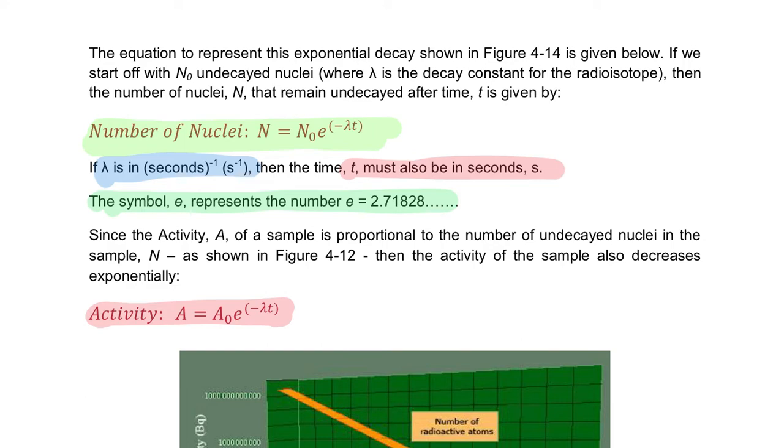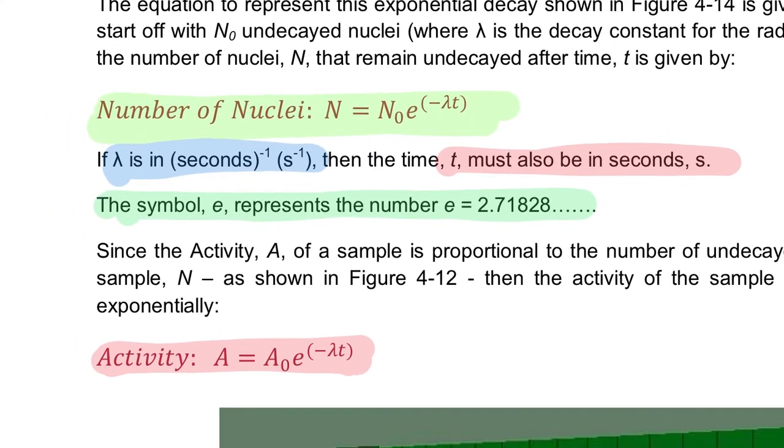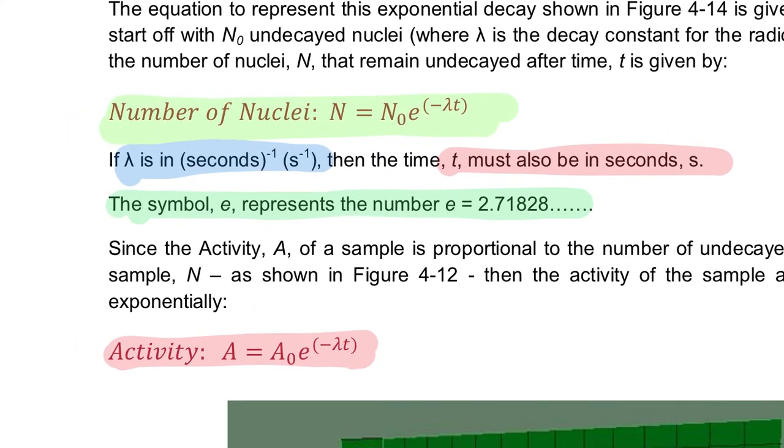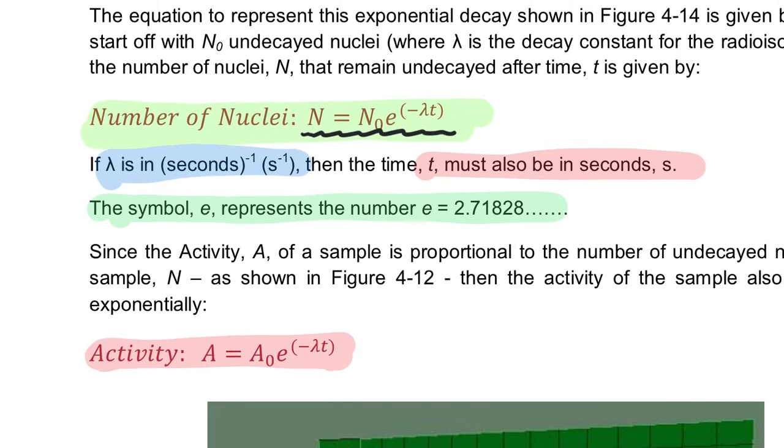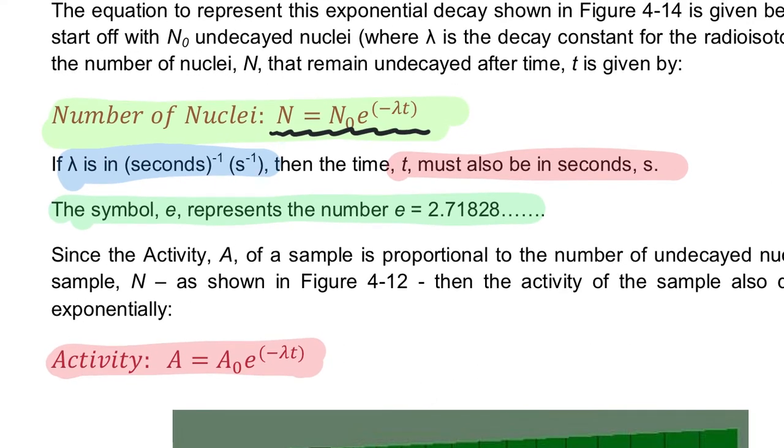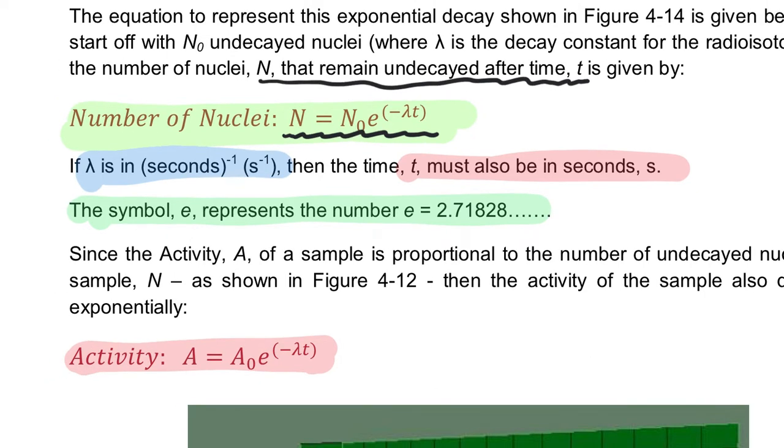So the equation to represent this exponential decay is shown below. And here it is. So the number of nuclei at a specific point in time, n, and that would be the number of nuclei that remain undecayed after time t, is given by the formula n equals n0, where n0 is the amount of undecayed nuclei originally, and then this is where the decay comes in.